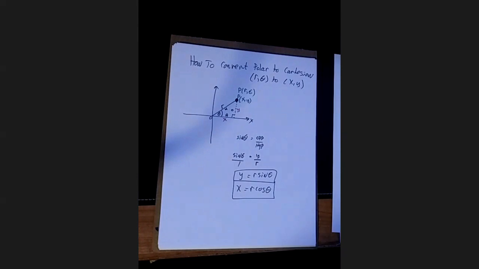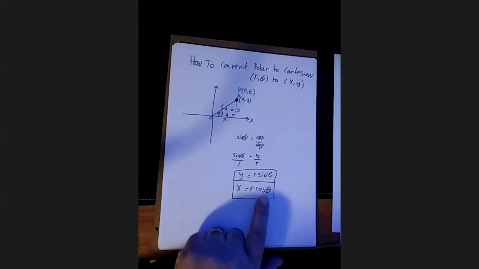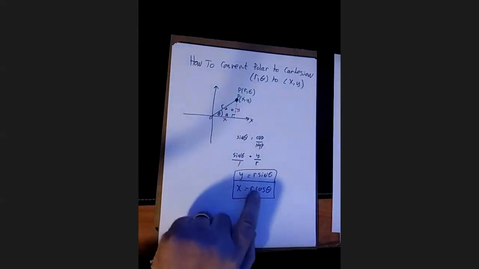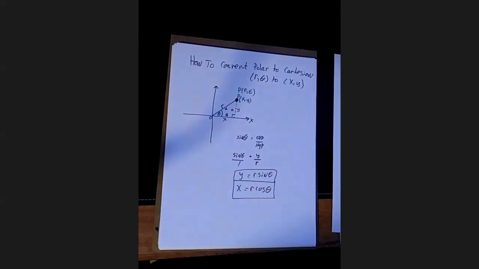Remember that on the unit circle, isn't the x coordinate cosine and the y coordinate sine? Now, if the unit circle, that's r equals 1, is expanded to a circle of radius r, do you see that's the adaptation to the formula? The x coordinate will be r times the cosine, and the y coordinate will be r times the sine.